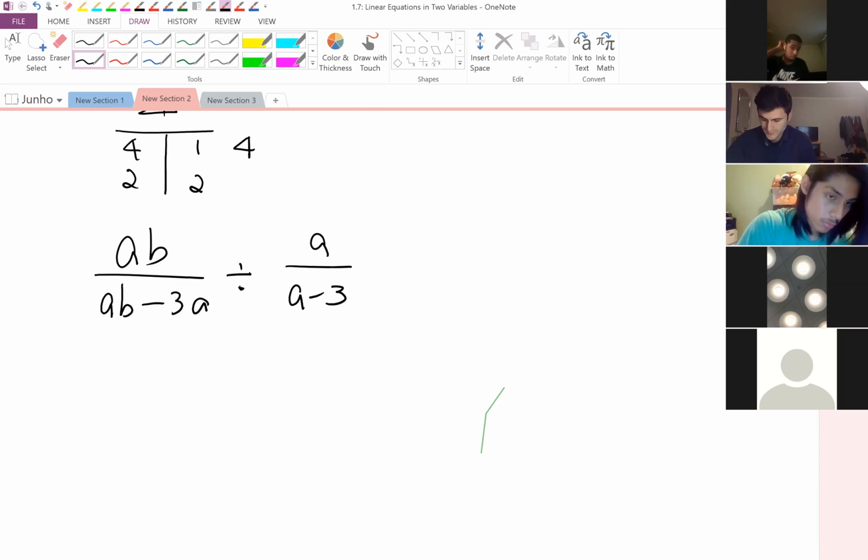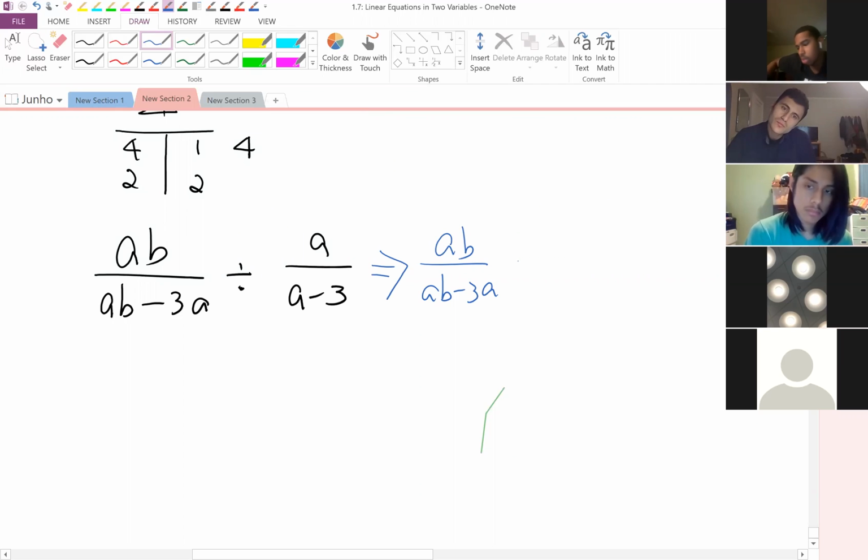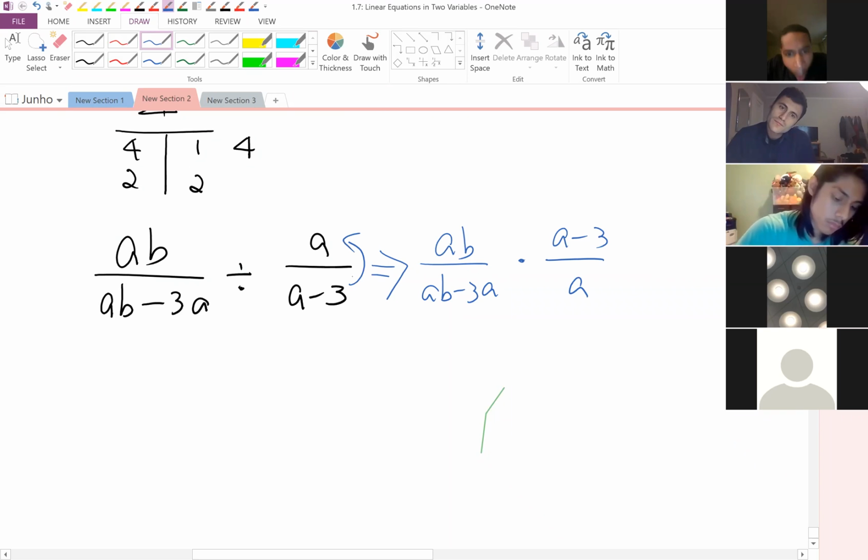After the division, we can flip it and make the problem multiplication. So it becomes AB over AB minus 3A times A minus 3 over A. Then we switch the second fraction, up and down. Yes, that's a great idea.